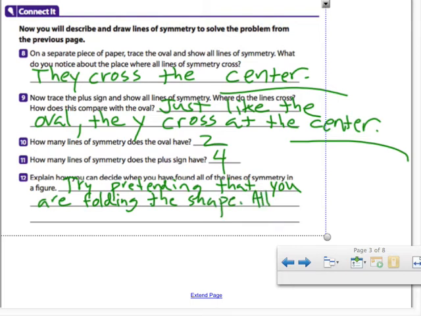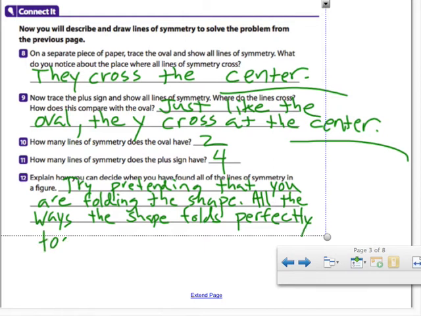All the ways the shape folds perfectly, and I mean perfectly, nothing sticking out, but perfectly together, is a line of symmetry.